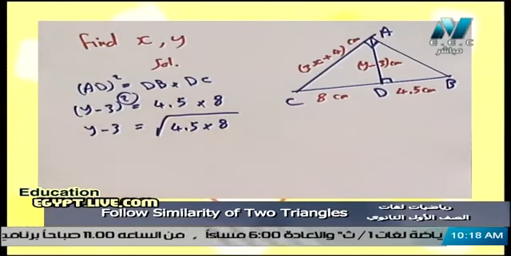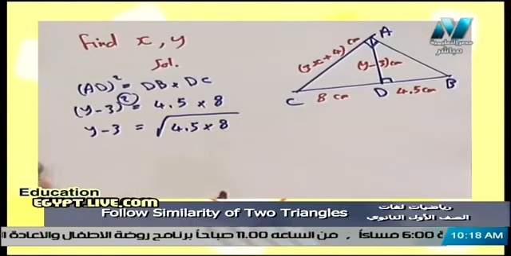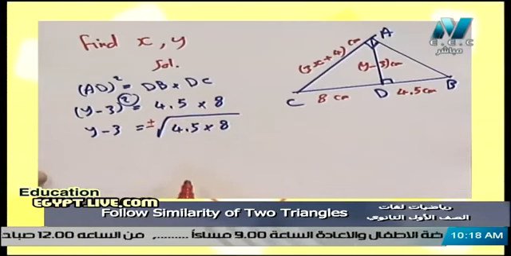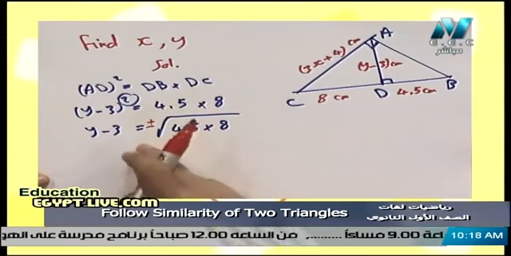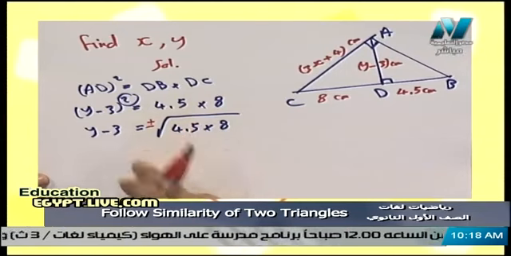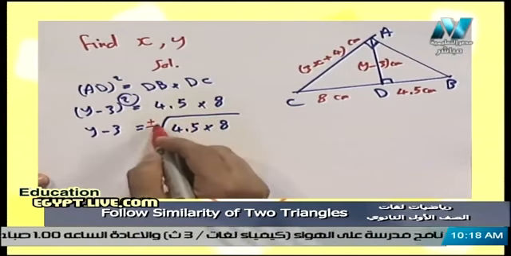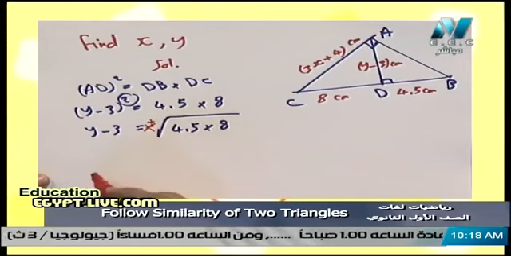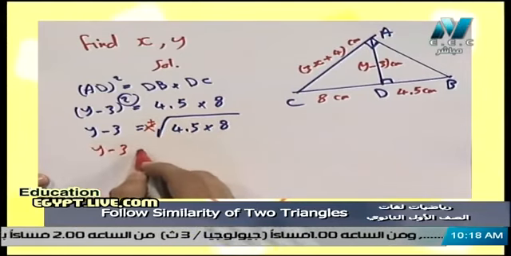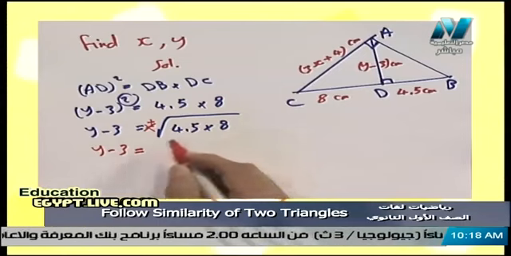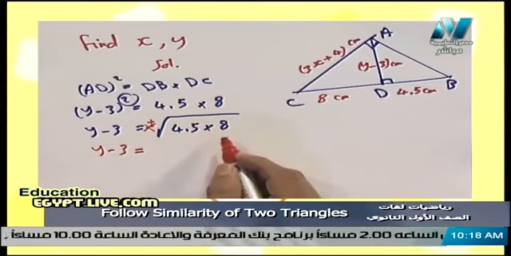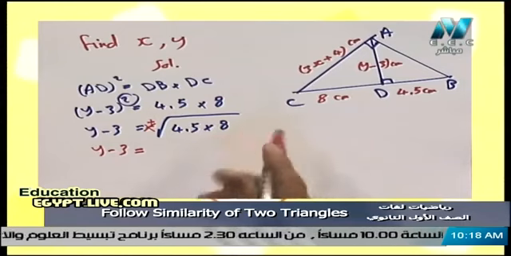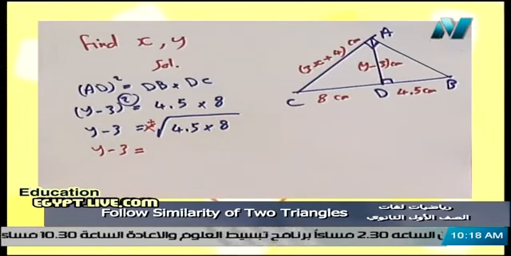Someone may say, Mister, we have to put positive or negative here. Yes, of course, but here we are dealing with lengths, so we cannot put negative, we will have positive only. So y minus 3 equals the square root of 4.5 multiplied by 8. We will use the calculator here to find the answer.